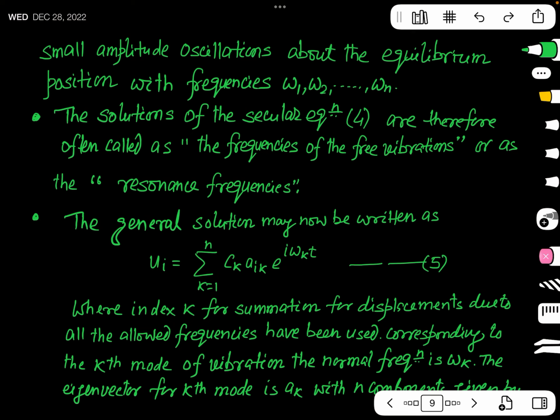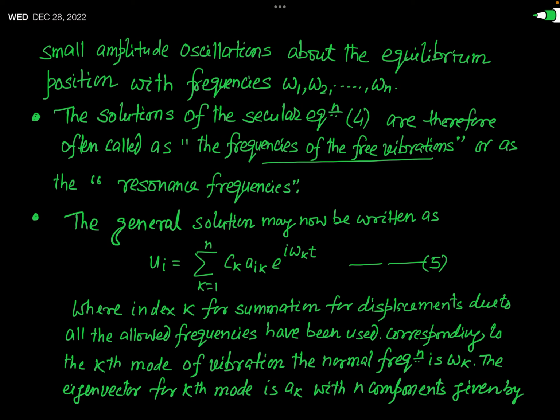That's why the solution of this secular equation is often called the frequencies of free vibrations. These omega 1, omega 2, omega 3, and so on, omega n, which are the solutions of the secular equation, are called frequencies of the free vibrations, or they are also called resonance frequencies.